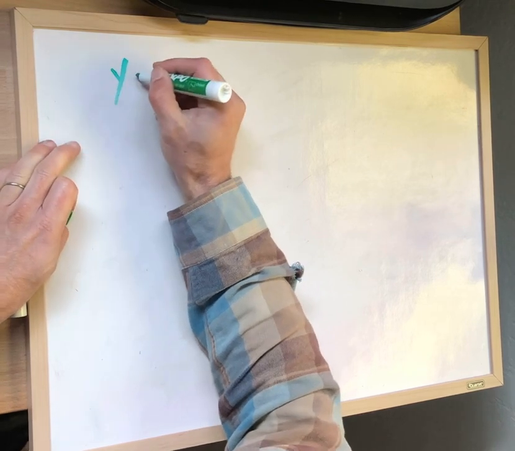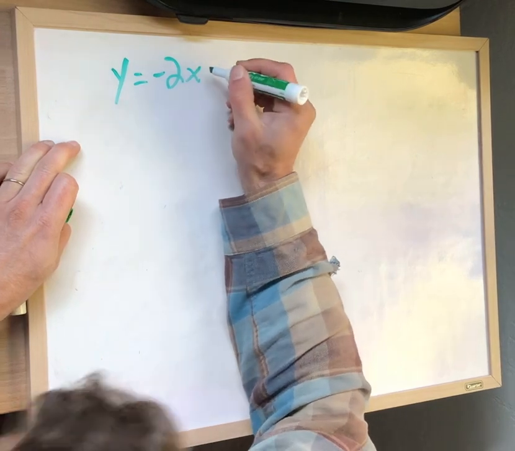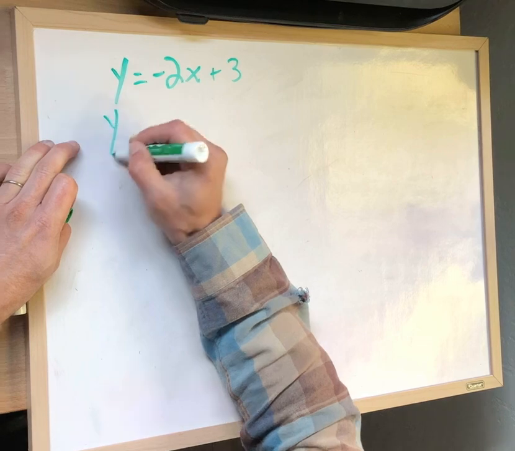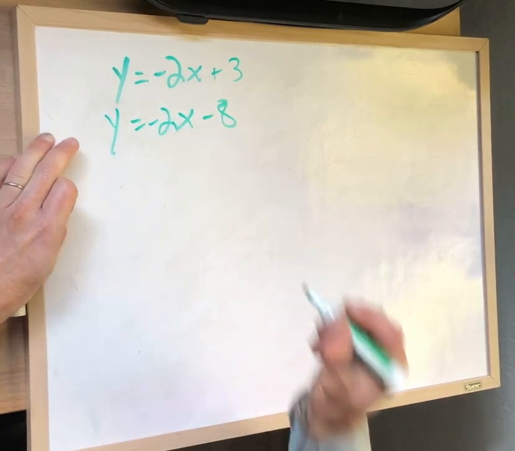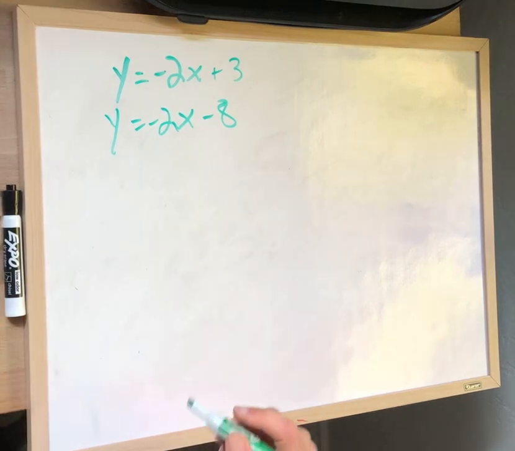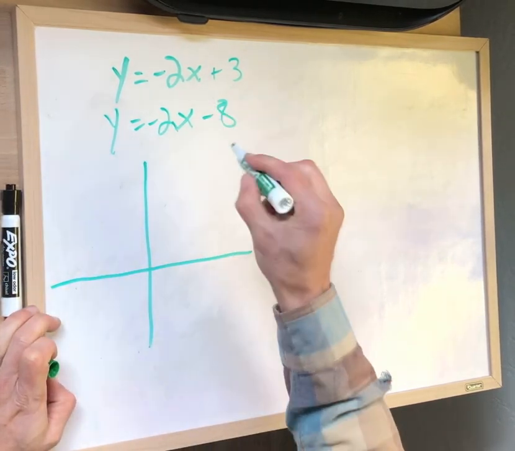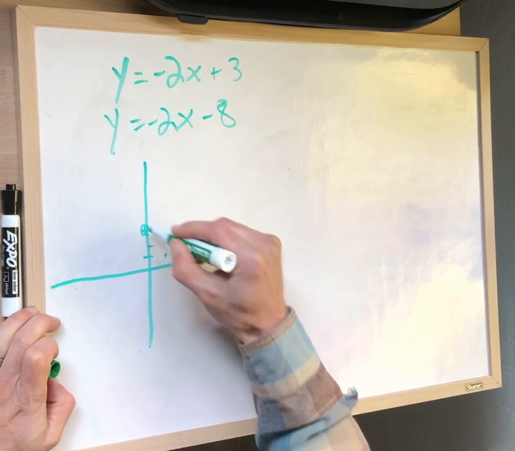So look, the first one is going to ask you, how many solutions does this have? Negative 2x plus 3y equals negative 2x minus 8. If I were to graph this, let's see what this looks like on a graph. Up 3, and then my slope is down 2 over 1.